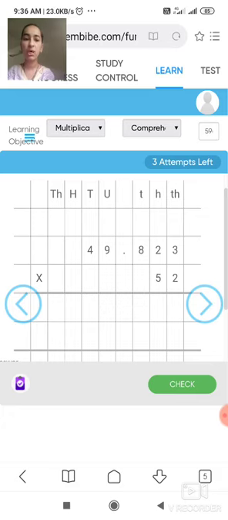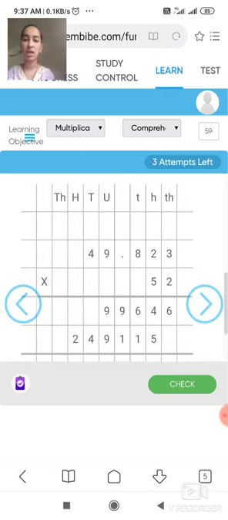What number will come? First 2 3s are 6, 2 2s are 4, 2 8s are 16, 1 will be carry. Simply do the multiplication, and after multiplication, whatever number comes, you have to give the decimal to that number. That means how many digits are there after the decimal in the question, that many digits from the right side you have to count, and after those digits you give the decimal.